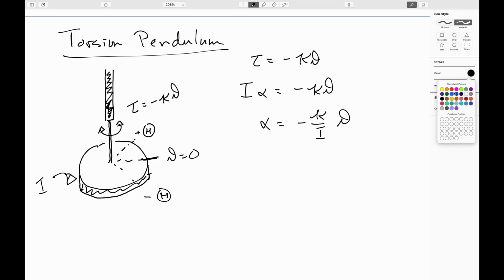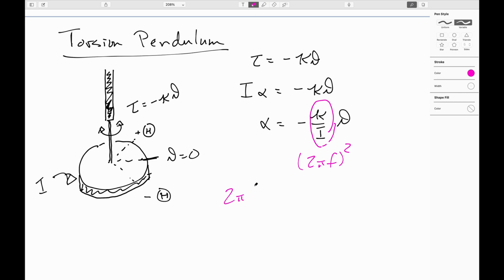But again, we can play the same game here and realize that whenever we've got an acceleration-like thing here, and a position-like thing here with a minus sign there, that means that whatever you got here, that's (2 pi f) squared. And so again, you can solve for the frequency of oscillation.